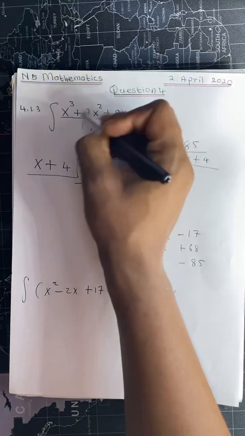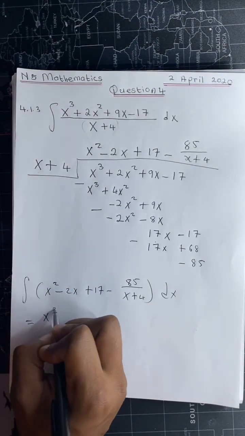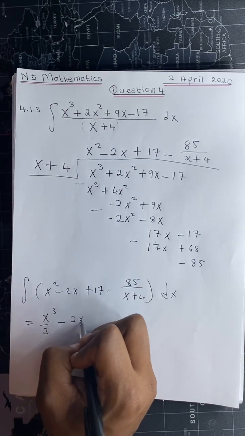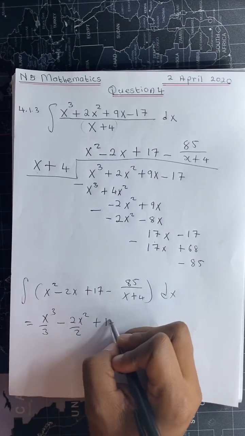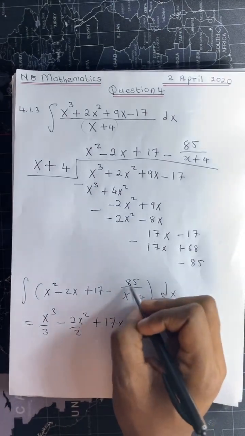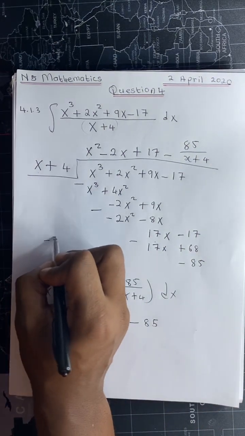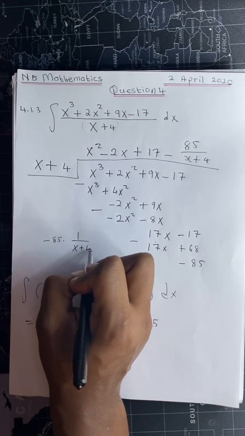instead of integrating that whole thing. So the integral of x squared is x cubed over 3. The integral of negative 2x is negative 2x squared over 2. The integral of 17 is equals to 17x minus the integral of, so we can write this as negative 85 multiplied by 1 over x plus 4.